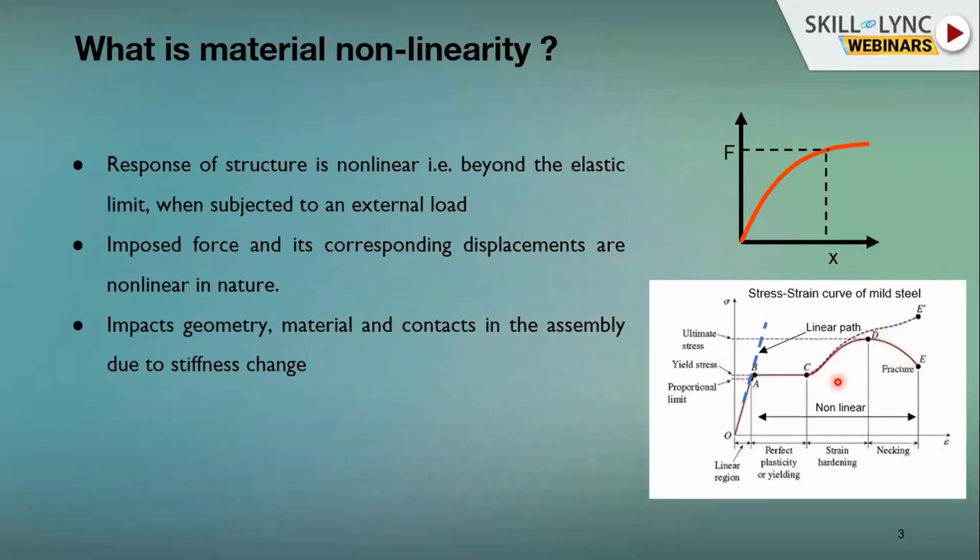So it's not only the material behavior but also the force that you impose. Force is nothing but the external load which you're talking about, and its corresponding displacement. So you keep increasing the loads in terms of increments. That's what we do in nonlinear analysis. So those load steps and their corresponding displacements are also nonlinear in nature. It is not going to be proportional.